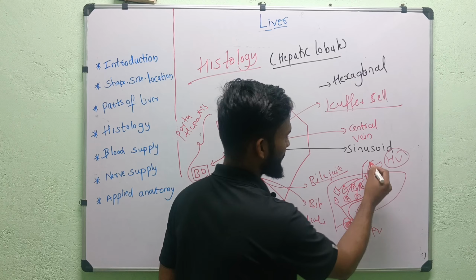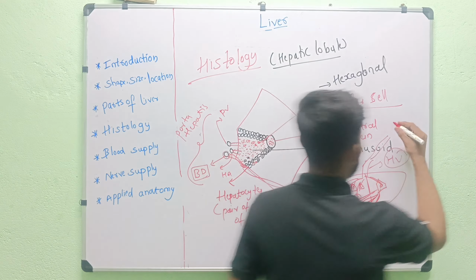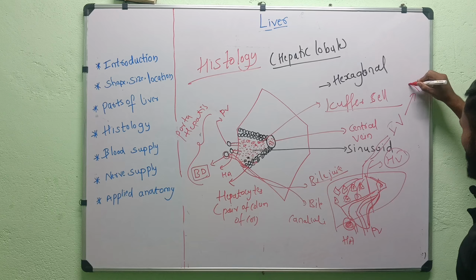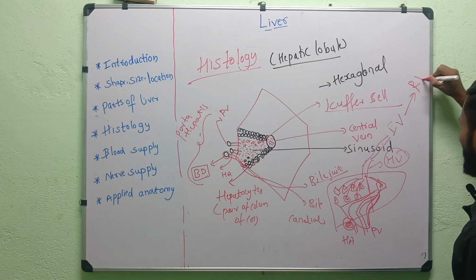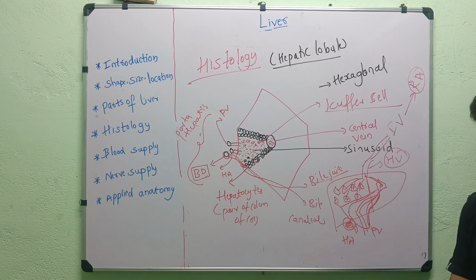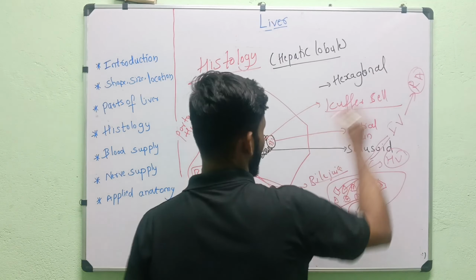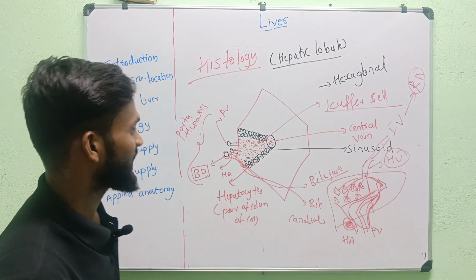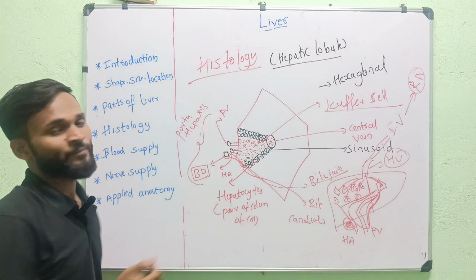The hepatic vein connects with your inferior vena cava. The inferior vena cava enters into the right atrium of the heart. From the right atrium, it is going to enter into your lungs for purification.